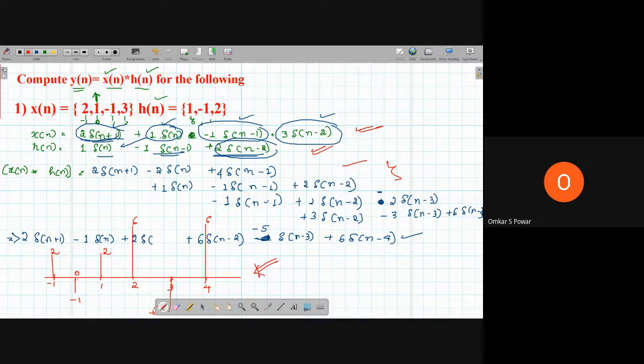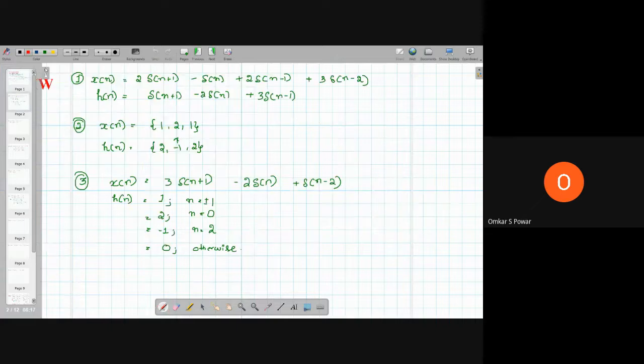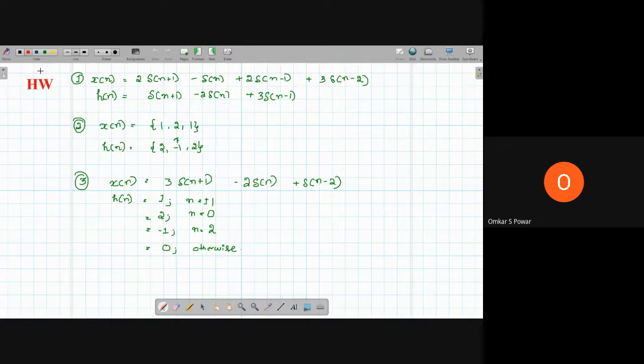Okay, now so I have solved one problem. Similarly you can solve the other problems here. So they have given two delta function directly. So you can do it. Then here 1 to 1 and 2 minus 1 and 2 origin they have given here. It's in the same fashion you can solve it. And here x of n they have given. So this is a delta function.